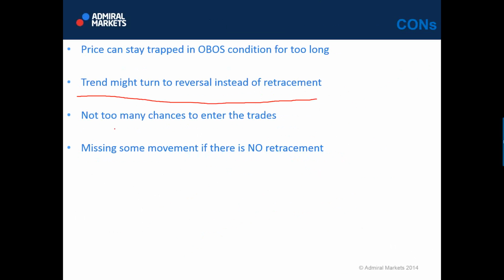And also, we can miss some movements if there is no retracement. For example, in our last session recap, dollar yen was great and it went in the analyzed direction, but the thing is we didn't see a pullback. So we can miss movement if there is a direct jump or direct fall.